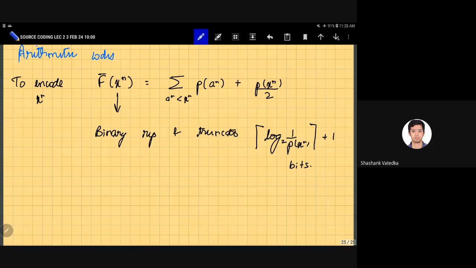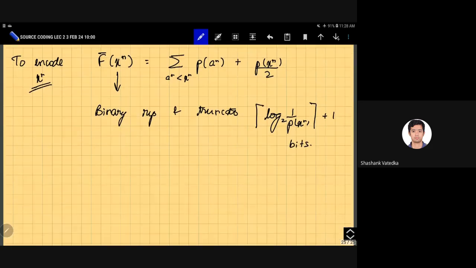You somehow try to construct only the code word for the symbol that you're interested in, that is xn. So you're given xn, and you try to construct the code word for xn without constructing the code words for other symbols, which you're anyway not interested in. And it turns out that arithmetic codes are essentially Shannon-Fano-Elias code done a little cleverly.